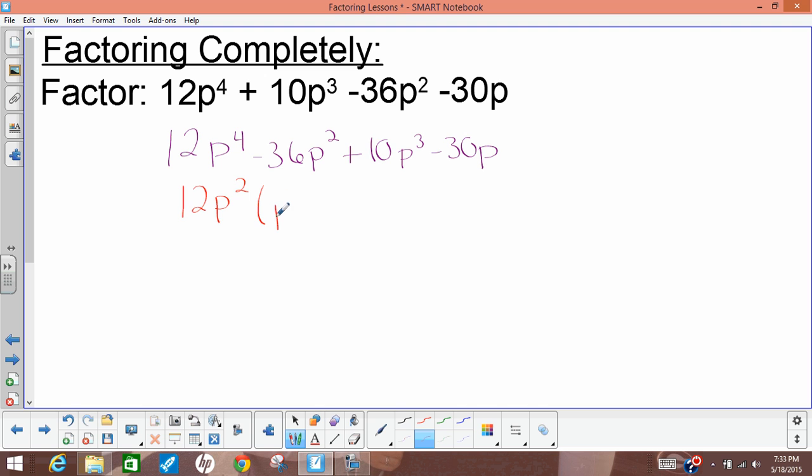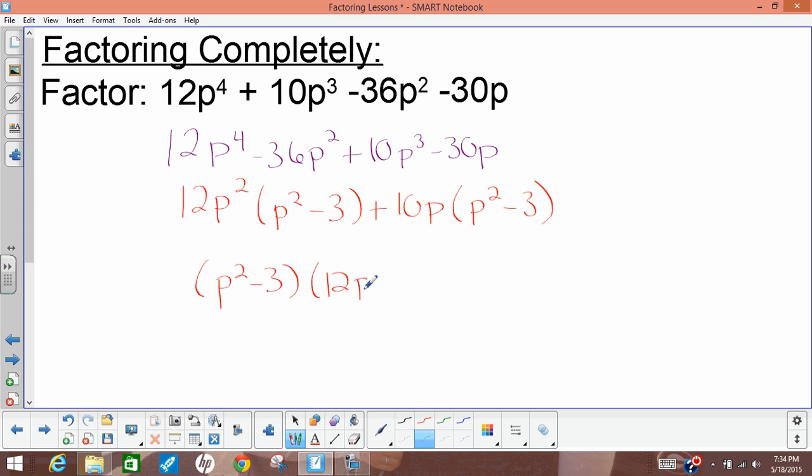And I'm left here with p squared minus 3. And over here I can factor out a 10p. I'm left with p squared minus 3. So now I'll factor out my p squared minus 3 like I would have in the past.